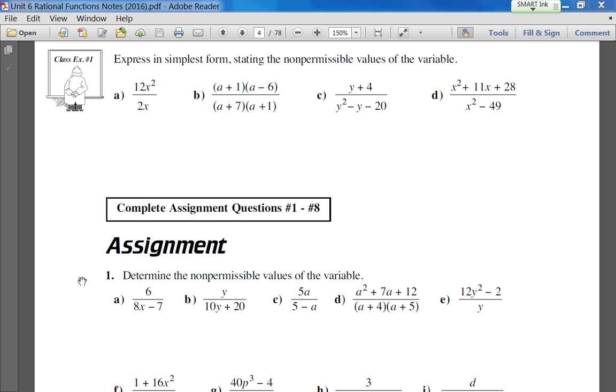So if you take a look at class example 1, what do you see? Bunch of polynomials in fractions, right? In part B, it's already factored. In part D, it's not. And if you look at part A, it's all monomials, and if you look at the rest of them, there's binomials and trinomials, okay?